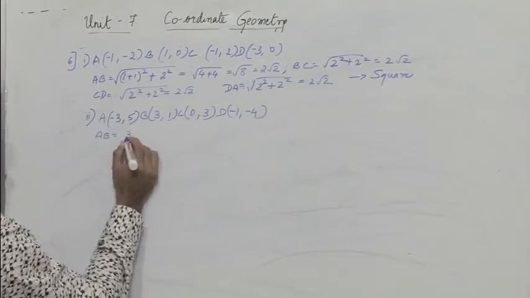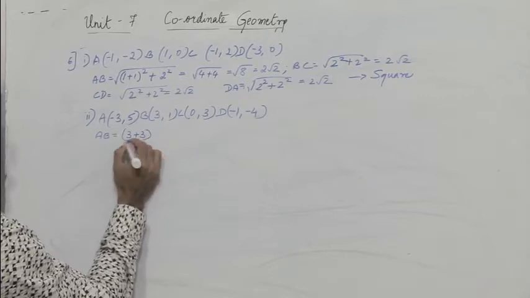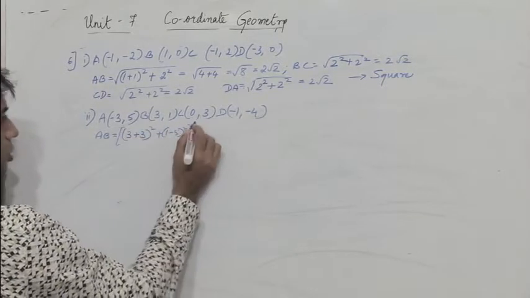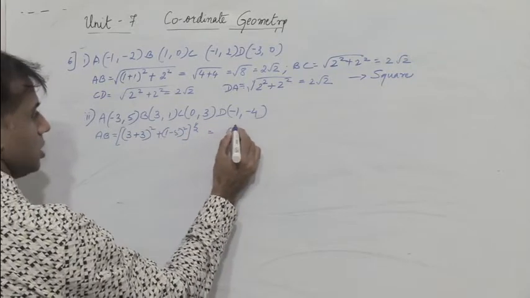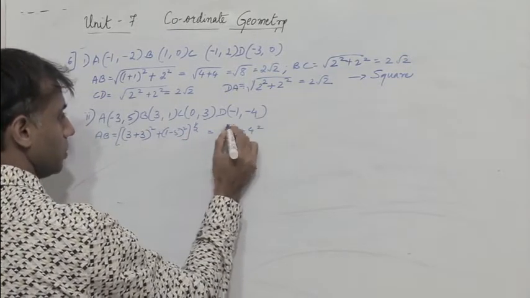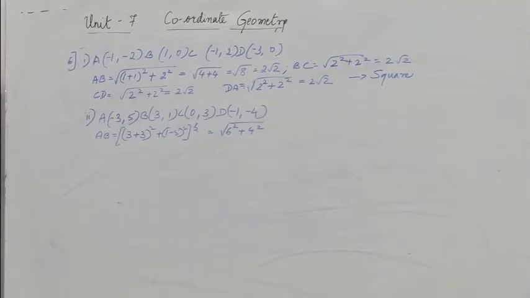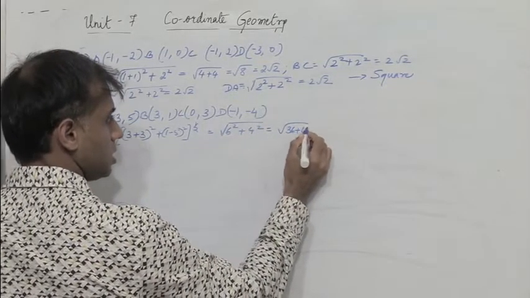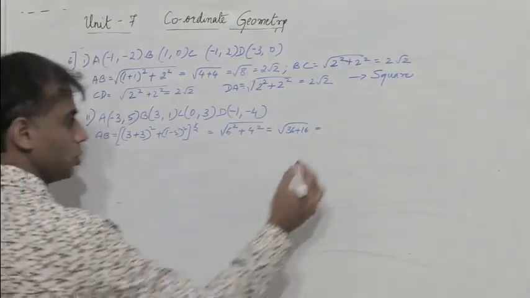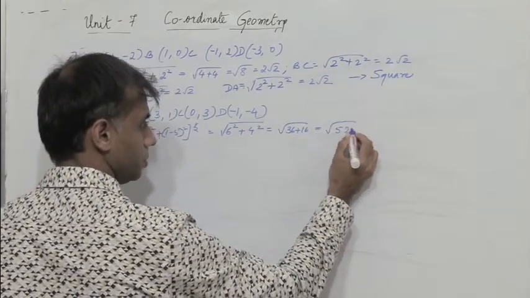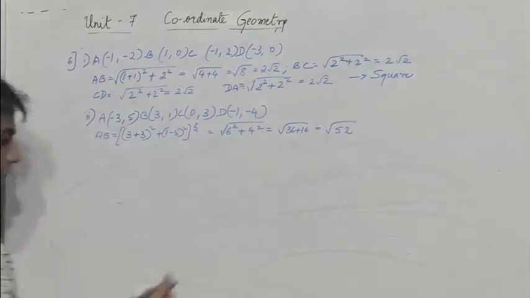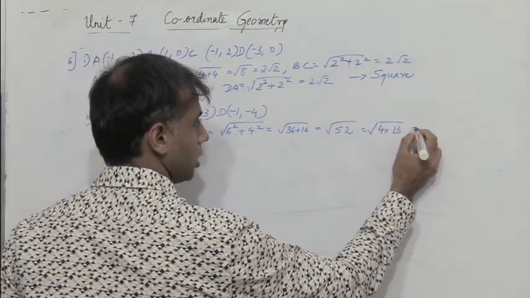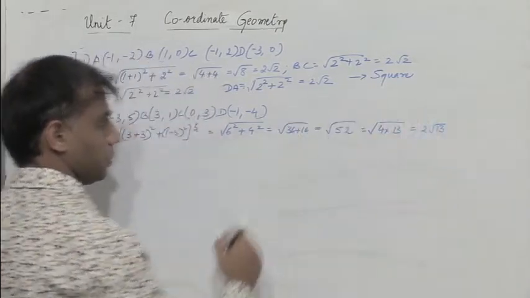We have 3 minus of minus 3 is plus 3, the whole square, plus 1 minus 5, the whole square, square root. So which is 6 squared plus 4 squared, which is 36 plus 16, which is root 52. Right? So root 52 is 4 into 13. So I can write it as 2 root 13.